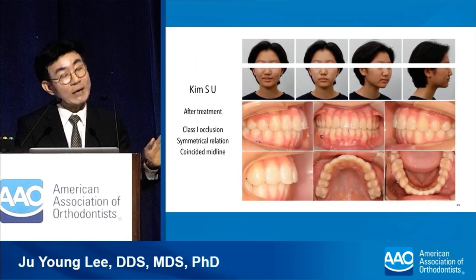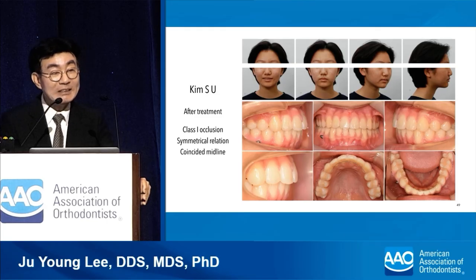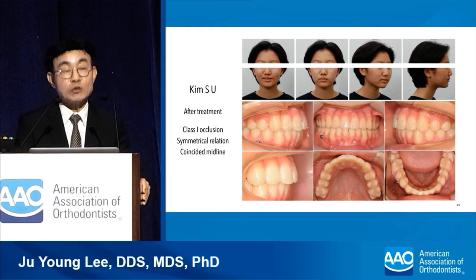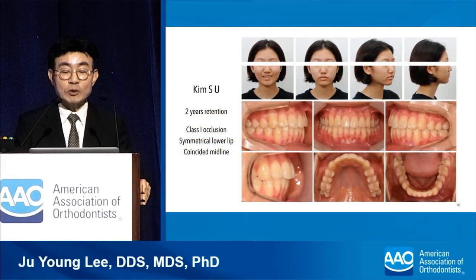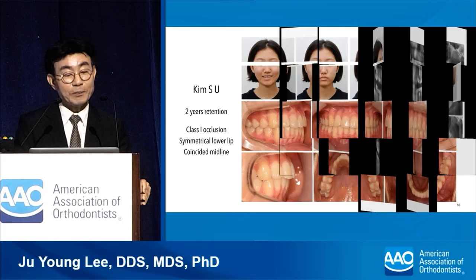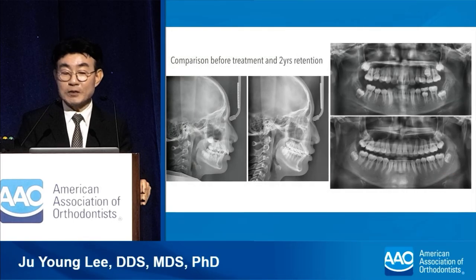By using one TAD, the midline was easily improved and a symmetrical class 1 occlusion was formed. After 2 years of retention, the class 1 occlusion was well maintained. Class 2 skeletal features still remained, but the patient was still in fair harmony. The skeletal and dental relationship still remained stable.